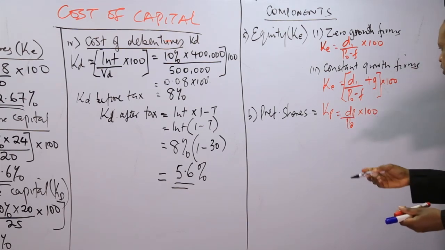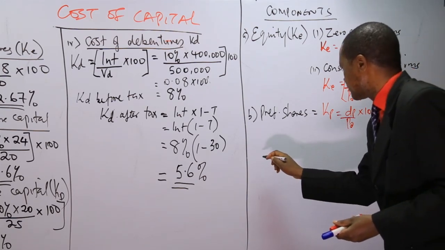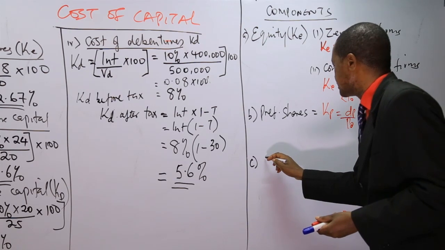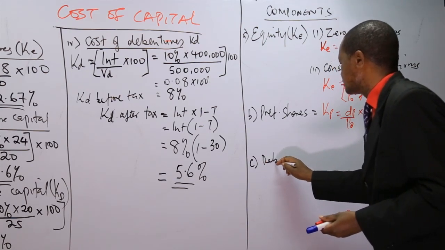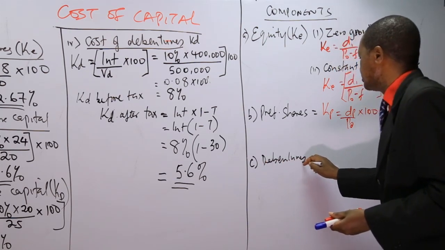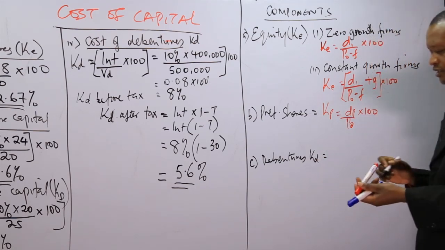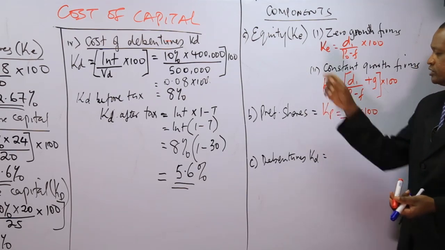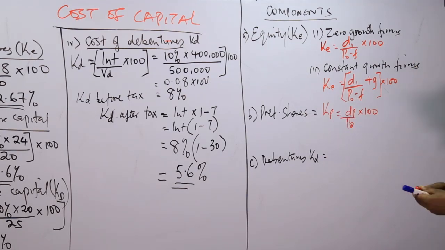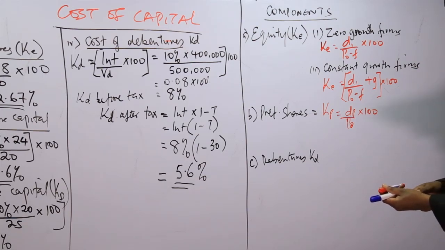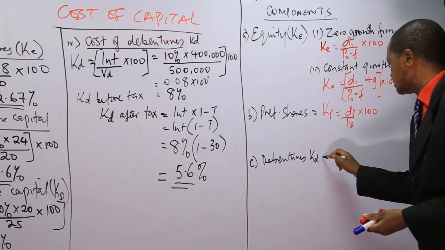Then the third component that we have discussed today is the cost of debt or debentures, KD. And we've said that just like equity, debentures are in two categories. We have the redeemable debentures and the irredeemable debentures.